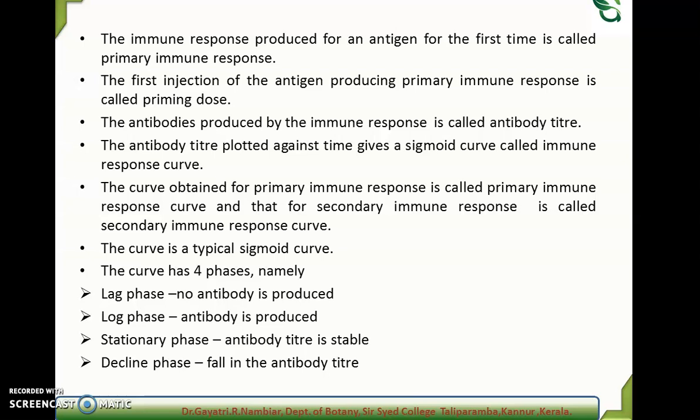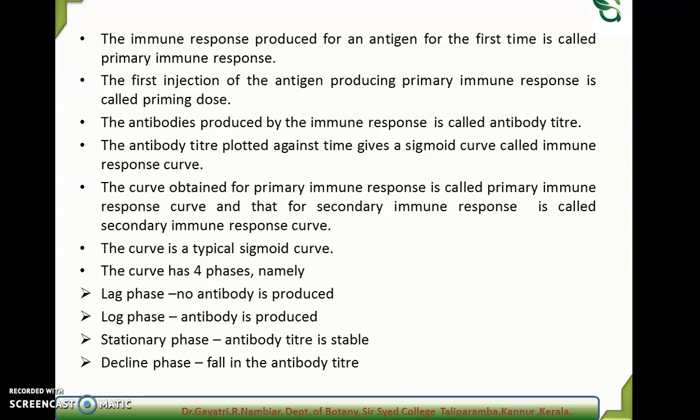Sometimes we will be taking an injection of this antigen, for example, poliovirus. For any type of antigen, we will be taking some sort of injection. In response to that first injection, the antibody will be produced in our bodies.